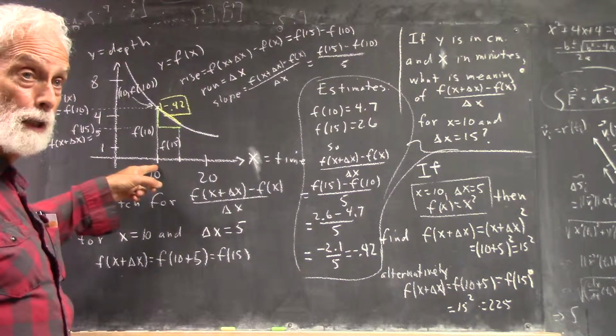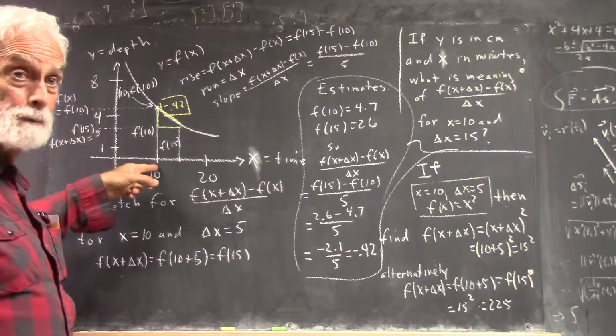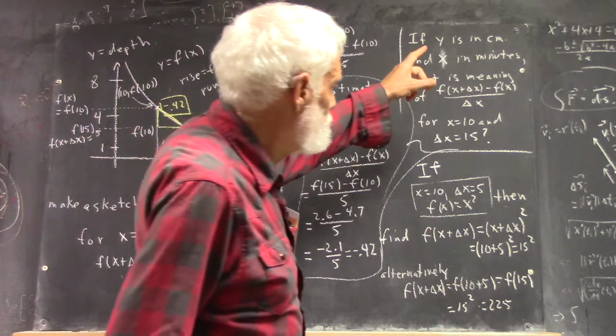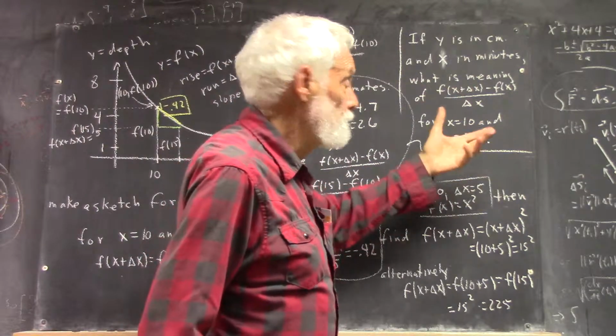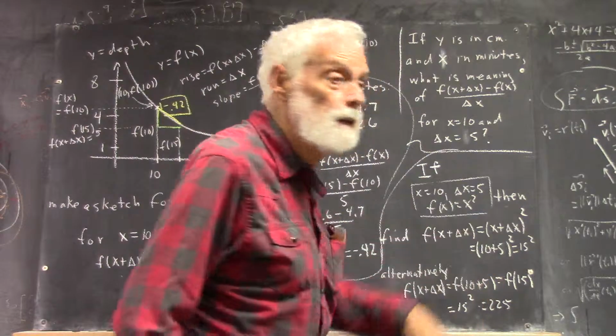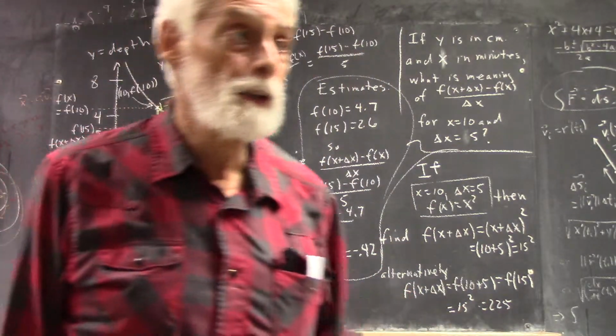It means time is 10 minutes, time on some clock. Now what's delta X mean? Delta X is 5, not 15. Okay, what does it mean for delta X to be 5?